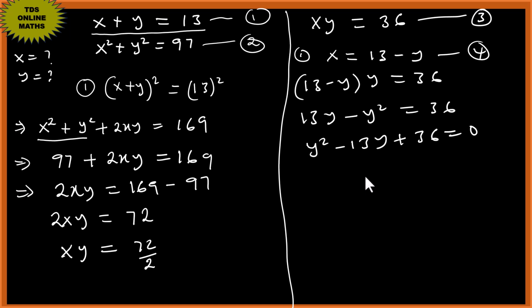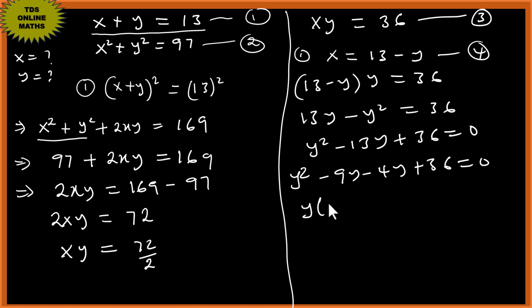We have 9 and 4 as factors: y squared minus 9y minus 4y plus 36 equal to 0.